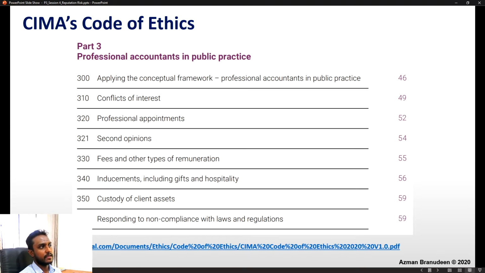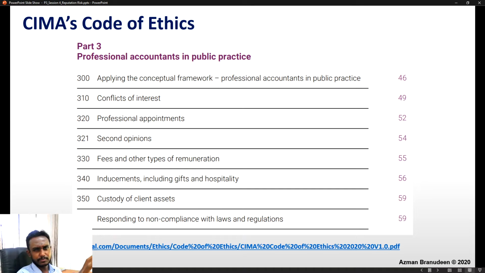Then you have part 3 for professional accountants in public practice. So as you can see, CIMA has taken a lot of trouble to go into the level of detail that many practicing accountants, management accountants need, and I think it's a really commendable effort on the part of CIMA to try and elevate the importance of the code of ethics.